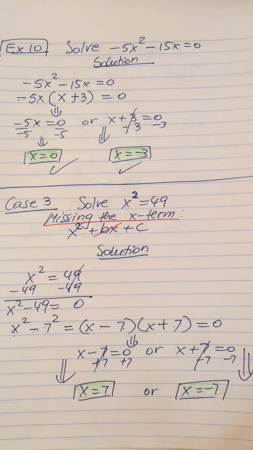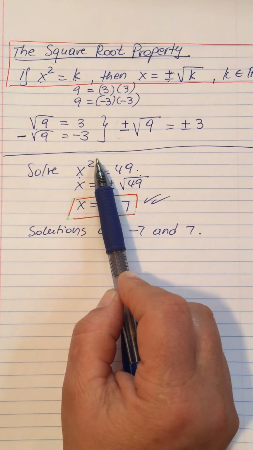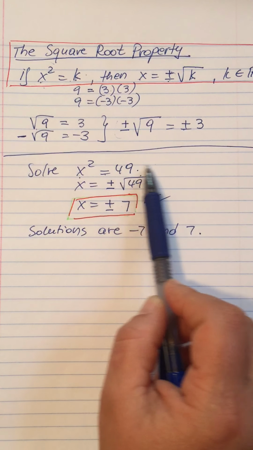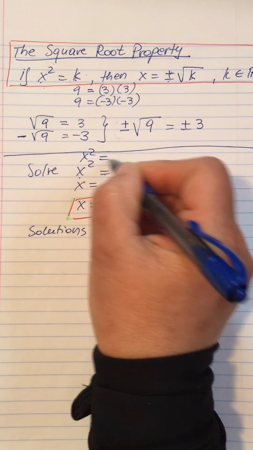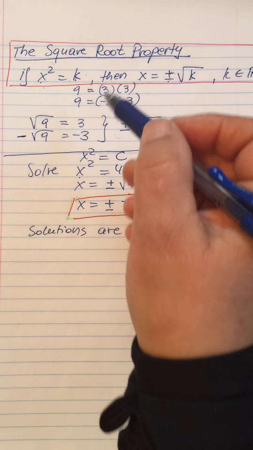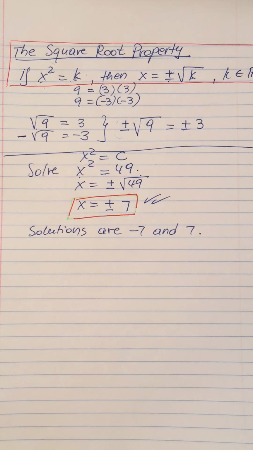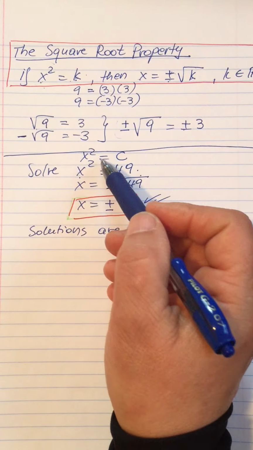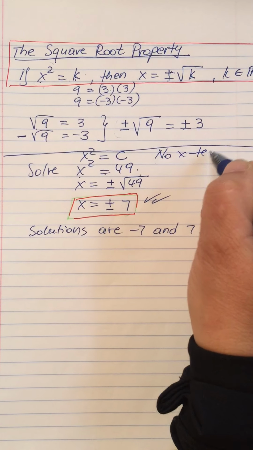By using the square root property, we need x squared on one side and the constant on the other side, because this is the form of the equation when the x term is missing. Just keep this in mind. We don't have an x term here, and we are happy when we see this.